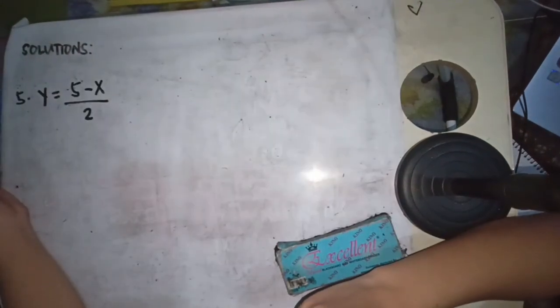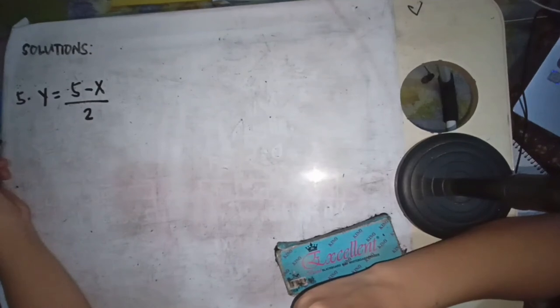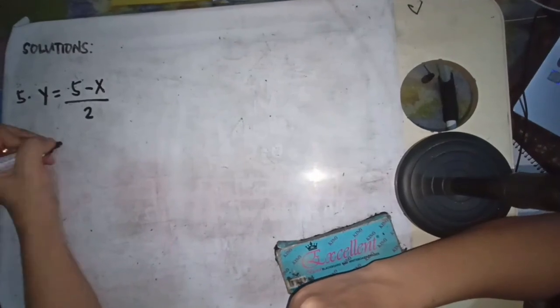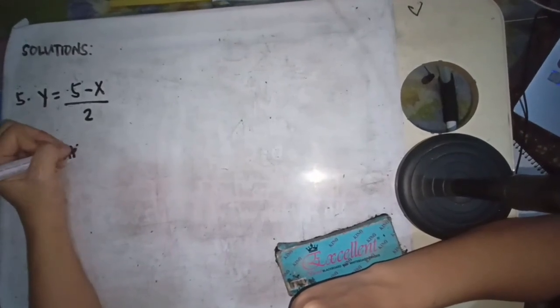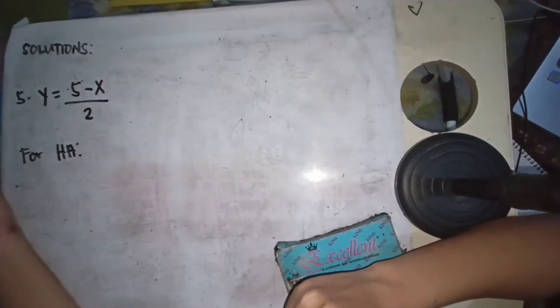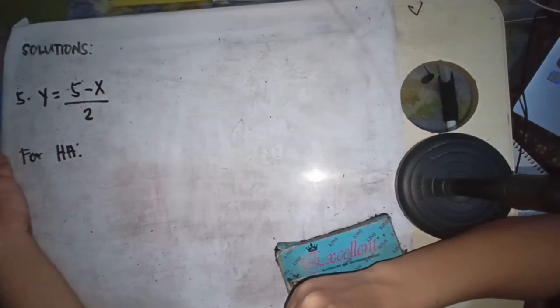For our number 5 example, we have the given y that is equal to 5 minus x over 2. So again, in determining the range of a rational function, ang una nato buhaton is to identify our horizontal asymptote. Now again, in identifying our horizontal asymptote, we have three conditions. First, if the degree of our numerator is less than the degree of our denominator, therefore the horizontal asymptote will be y equals 0.